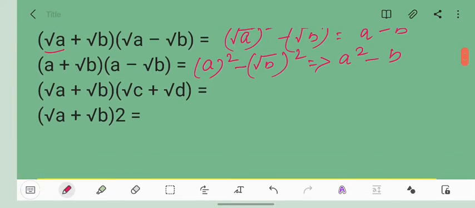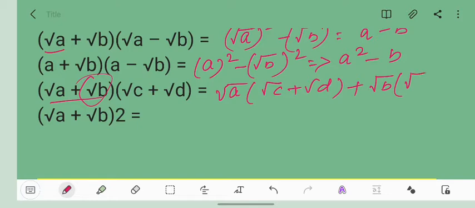Similarly, for the third one, (√a + √b) multiplied by (√c + √d). Here we will be using distributive laws, isn't it? So here √a, first of all, is multiplied with √c + √d, and then the leftover, plus √b, is multiplied with the whole, that is √c + √d.